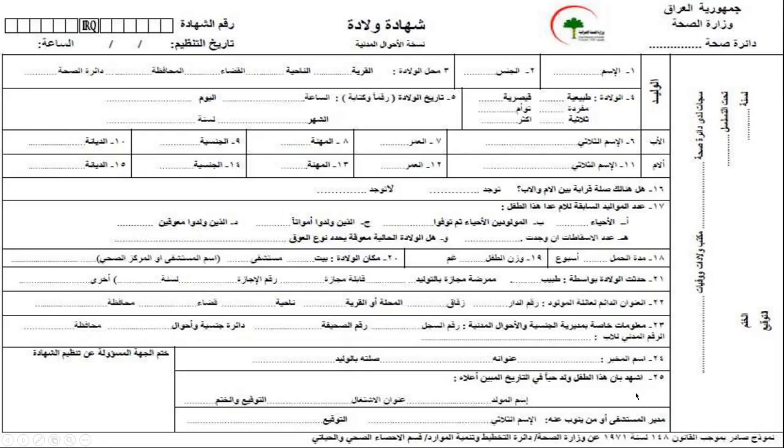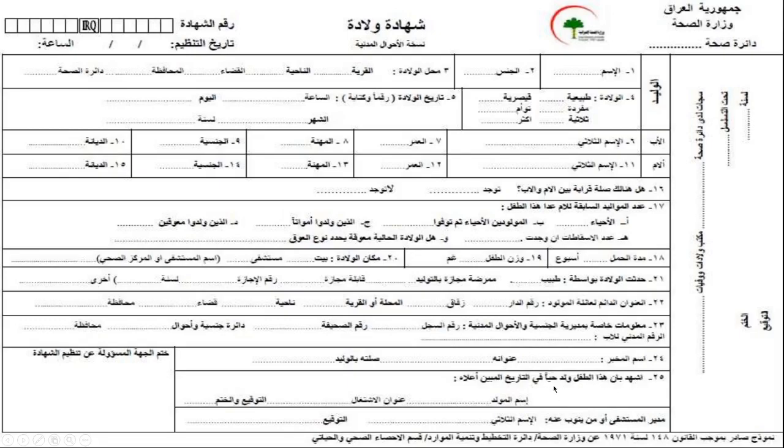Number 25 is basically telling the civil status directorate that you witness that this document is true and it does not contain any information that is invalid or not true.